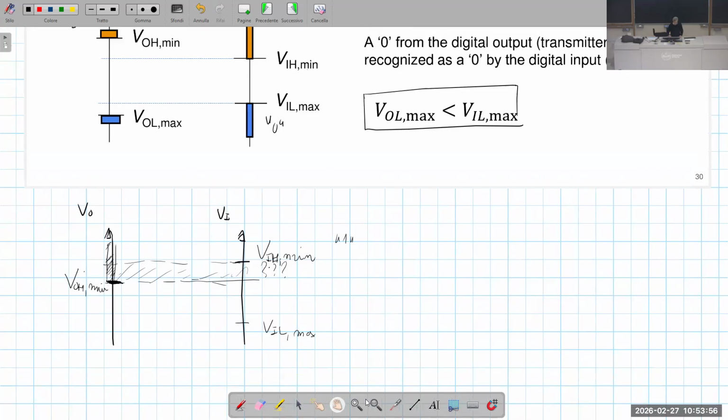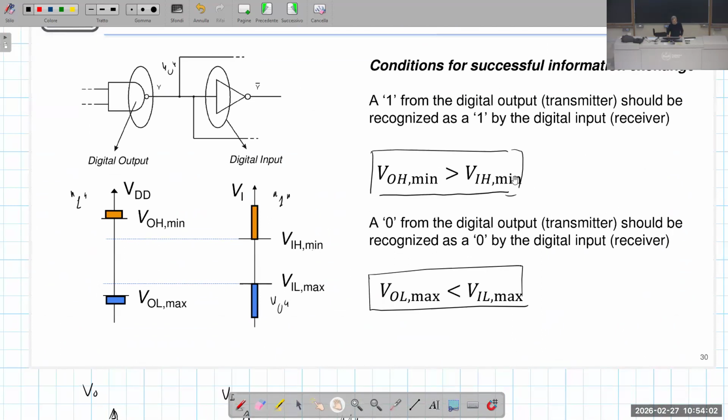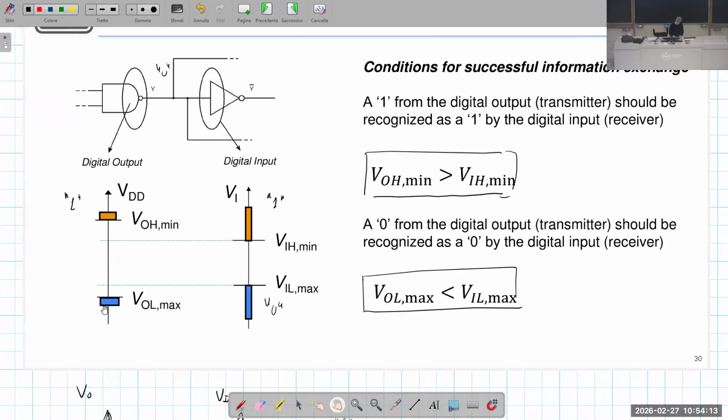This is the reason why we have to enforce at the high level VOH minimum larger than VIH minimum, and VOL maximum smaller than VIL maximum. Is that clear? If we have that this is smaller and this is higher, this is a problem.